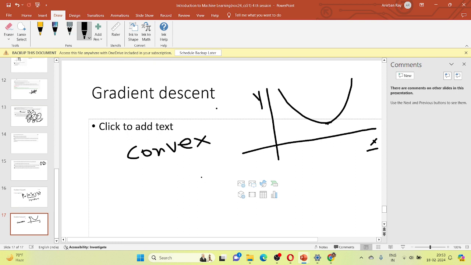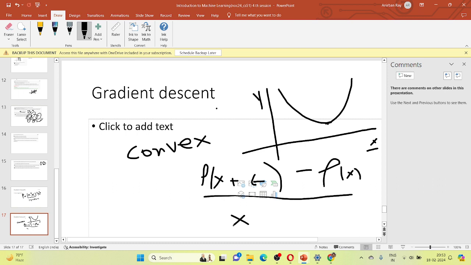look at the definition of derivative here. So f(x plus e)... okay, so this is the definition of derivative. Suppose f(x) is y here.